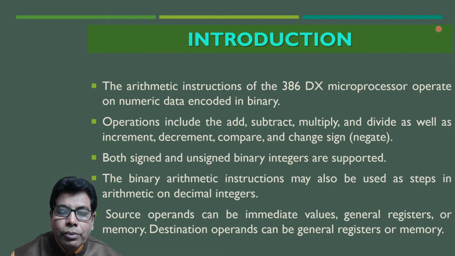In this way we have similarly BL, BH, BX and EBX and so on. Or the operand may be memory. Memory will be referenced by the base pointer, the source index or other registers. And destination operands can be general registers or memory.